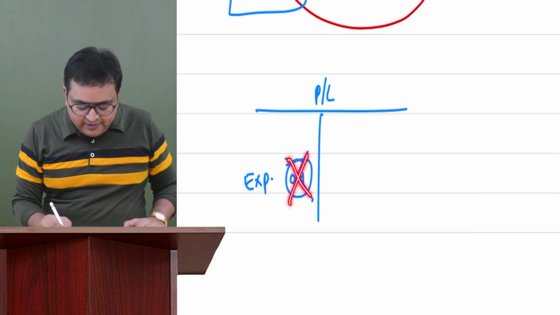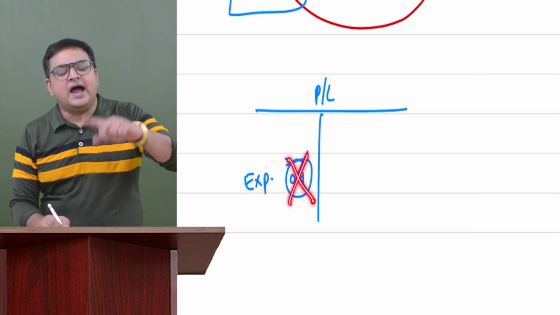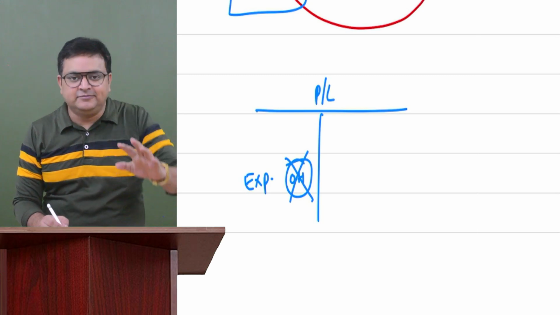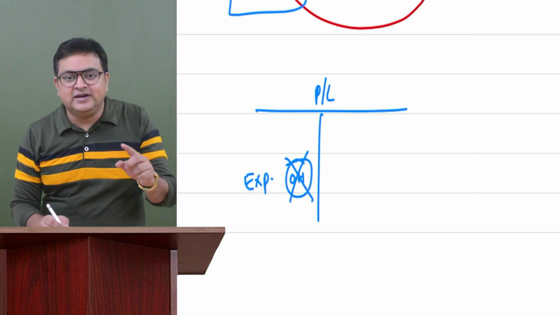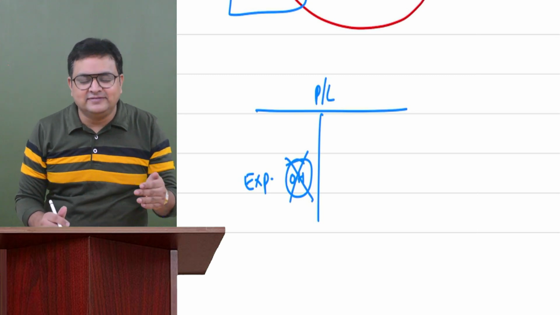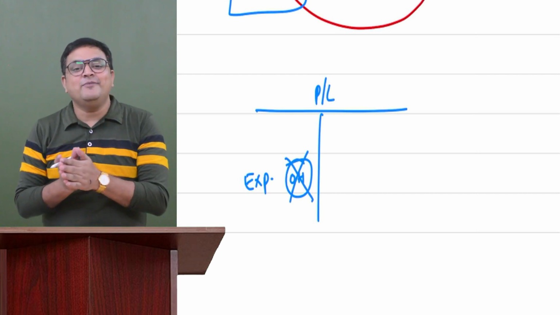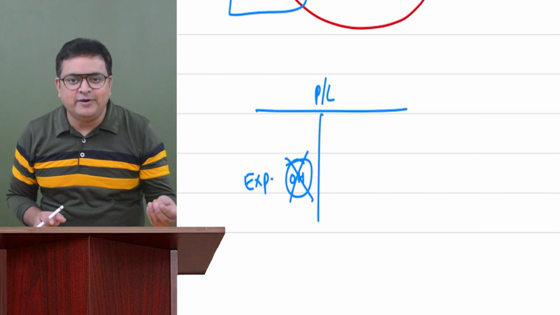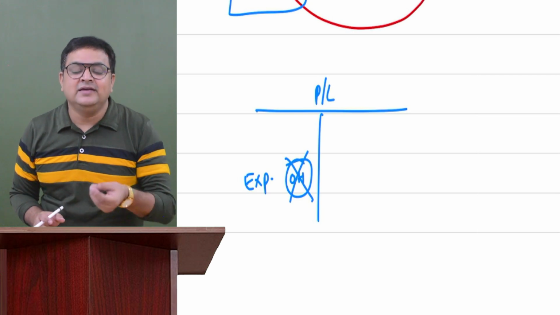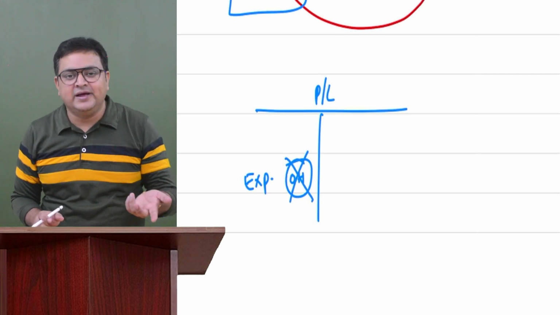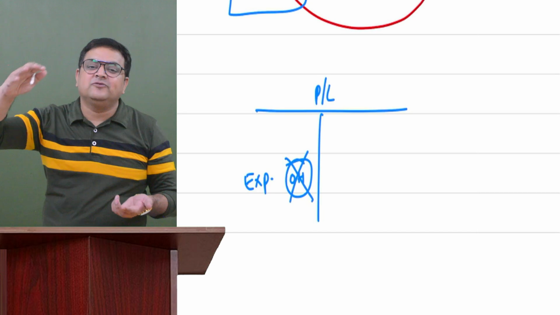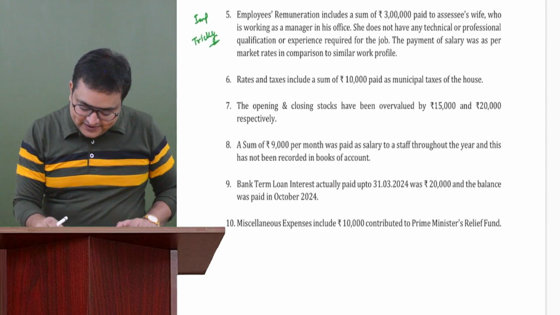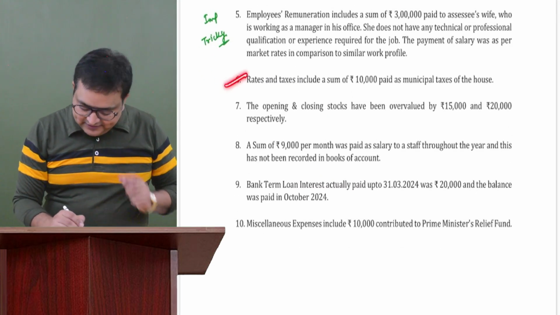So first of all, it will be disallowed while computing PGBP, and it will be allowed under house property while computing from GAV minus municipal taxes. And if this house is self-occupied, we understand in that case we start from NAV onwards, not from GAV. So in that case, if it is a self-occupied property, then even municipal taxes expenses will not be allowed because we start that computation from NAV itself. Correct? Got it? Okay. So this was easy.